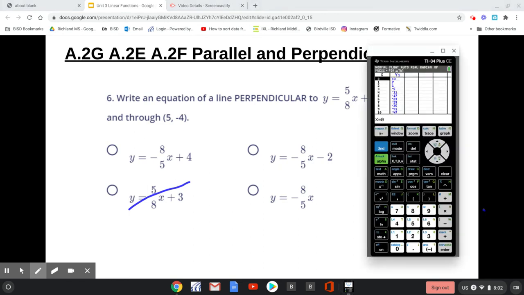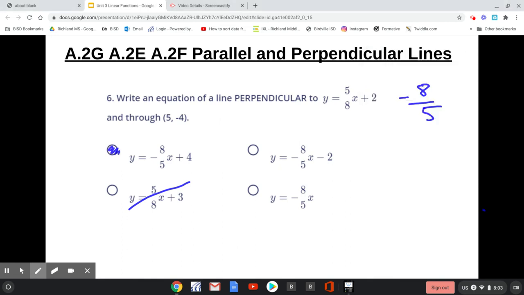So we're going to hit y equals. We're going to do negative 8 divided by 5 x plus 4. We're going to hit second table, and we're looking for 5 and negative 4. And it happens to be this one, so for time's sake, we're going to keep going.